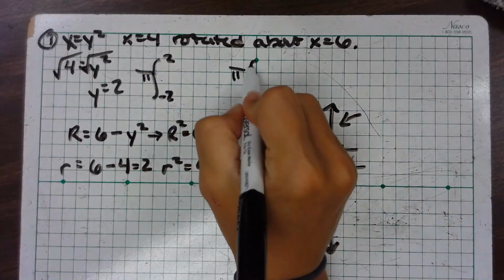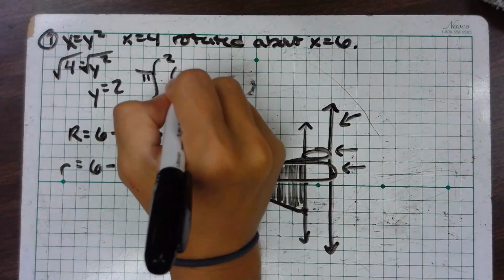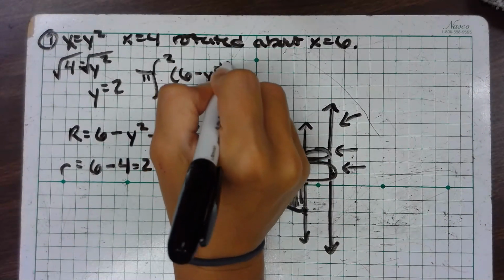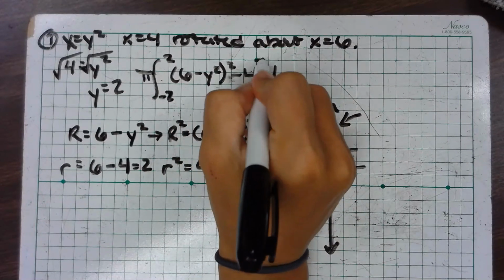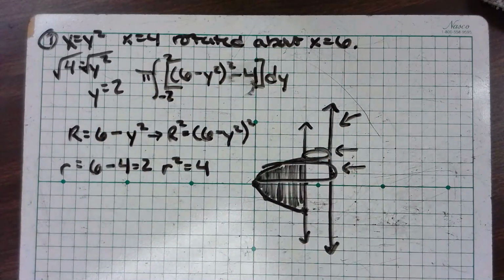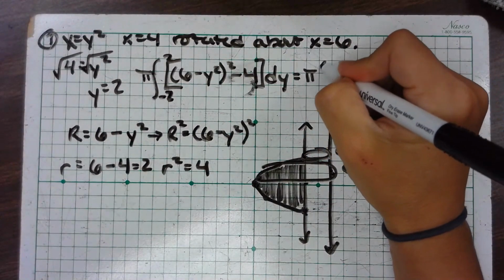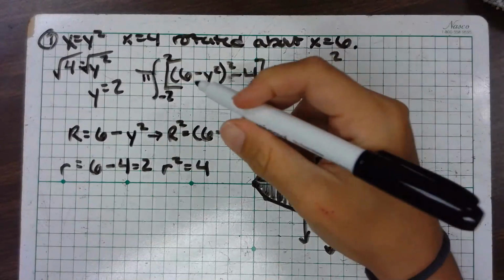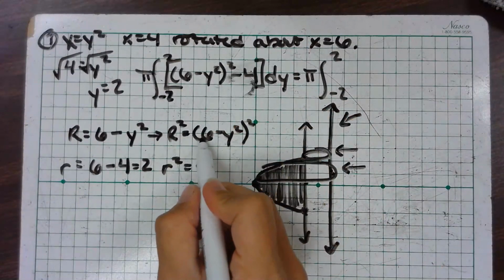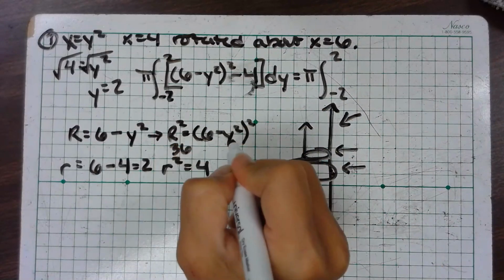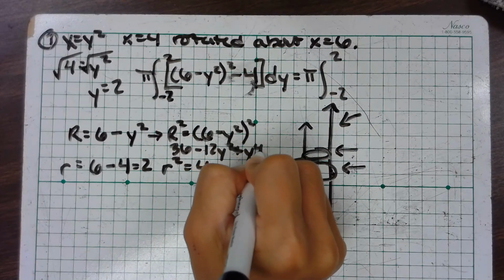So when I do the integral, I already started it over here. I need to do big R, which is 6 minus y squared, squared, minus 4. And then it's dy. I'm going to put my brackets in here. If you're doing this by hand and you want to square this out, I'm going to square this out over here, we get 36 minus 12y squared plus y to the 4th.